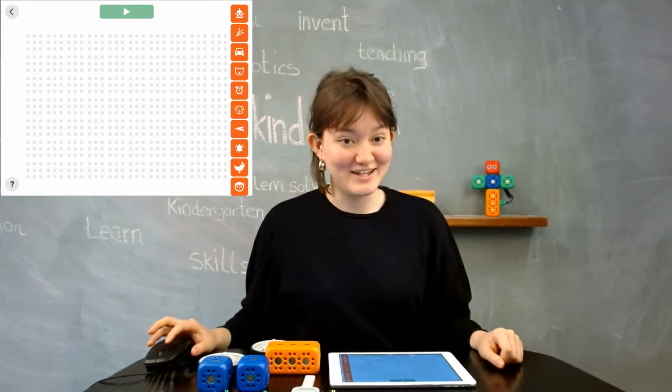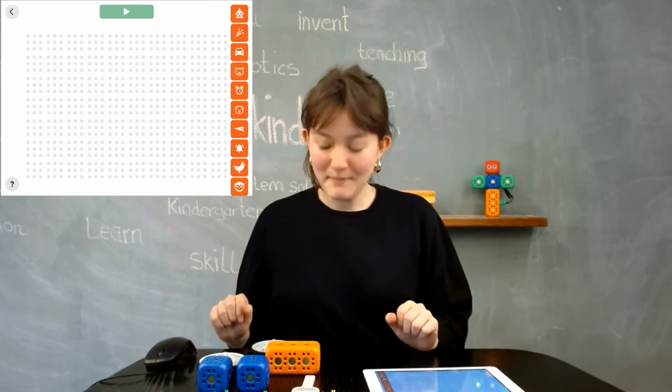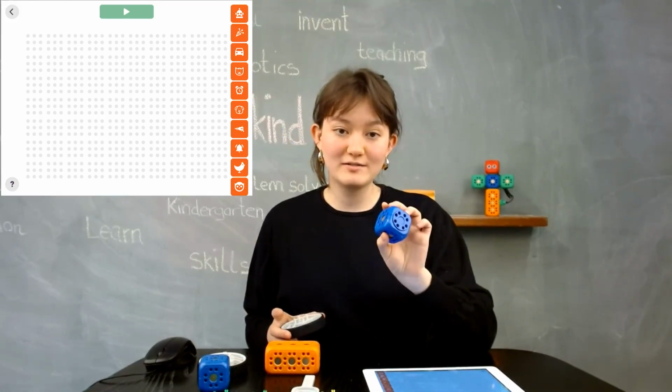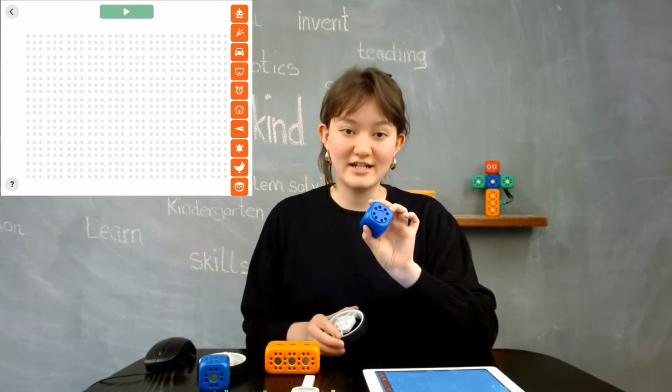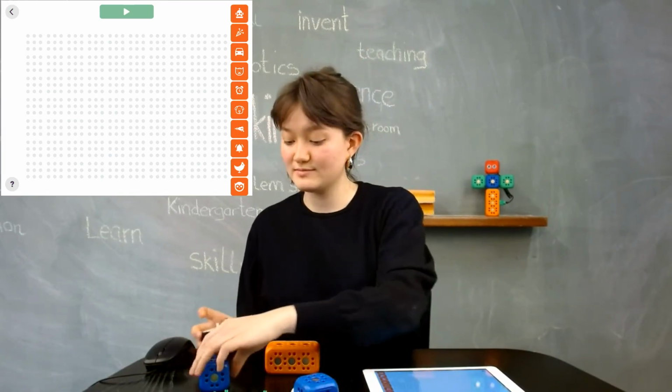Now, let's put these together. Make sure the big wheel is attached to the rotating part of the motor block, the circular part that doesn't have a connector face. Do this for both smart motors.